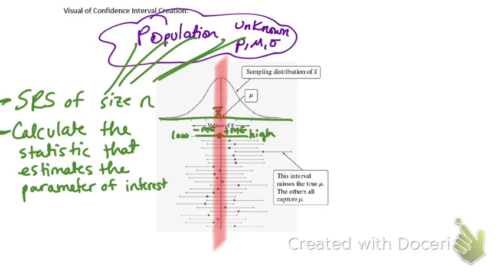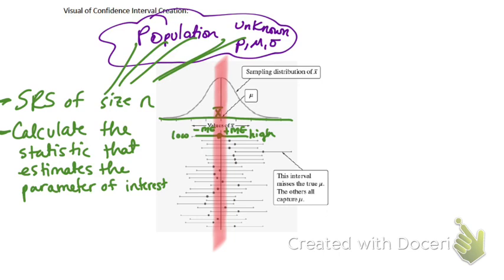So, did we get it right? We don't actually know because we don't ever get to know what the true value is. Just to remind you, you don't know what the true proportion of red beads is. So you don't know if you got it right.